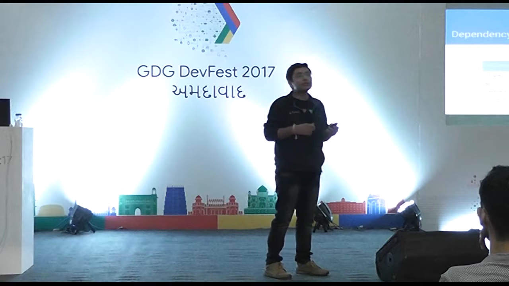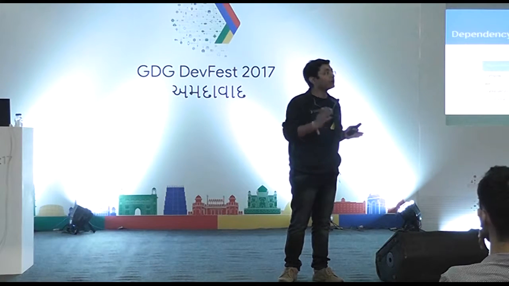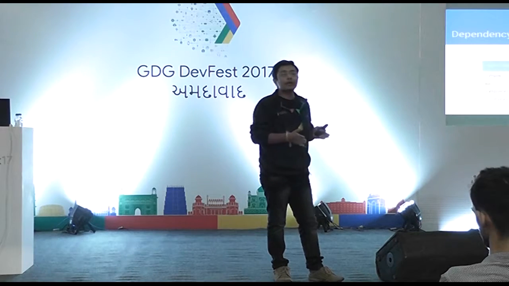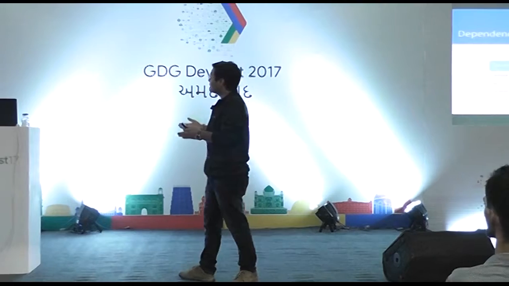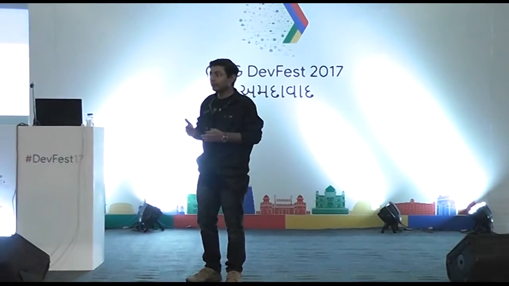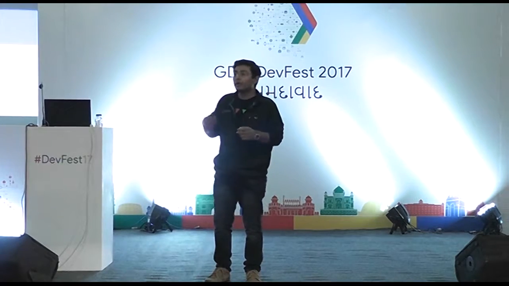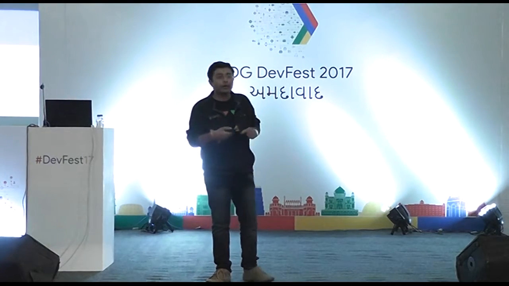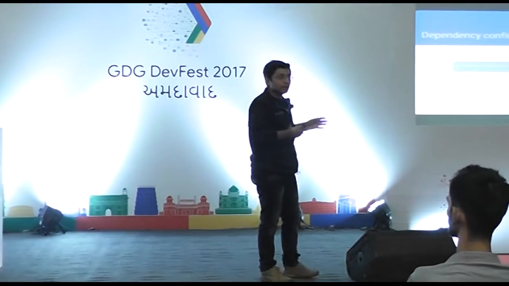Let's say you have some libraries which have a dependency only while compiling, not at runtime. Such libraries you can define with compileOnly, and some libraries have only a runtime dependency. For testing purposes, you have a compile time dependency, not the runtime, so you can define it with compileOnly, right?